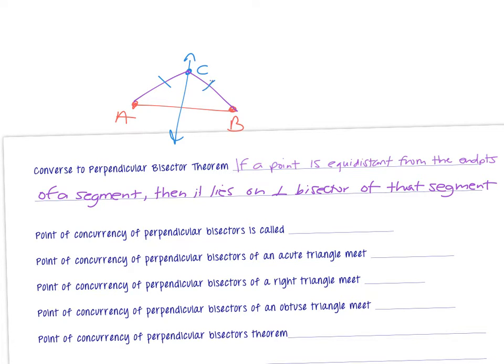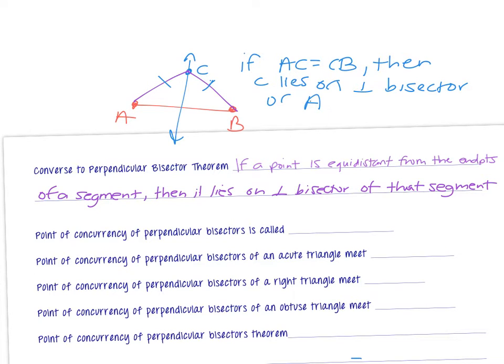So in a case like that, we would say if AC equals CB, or if C is equidistant from A and B, then C lies on the perpendicular bisector of AB.